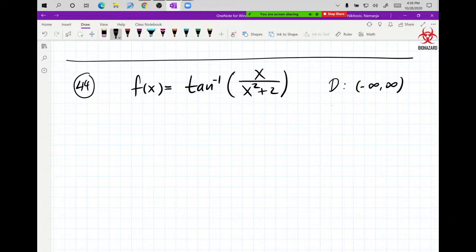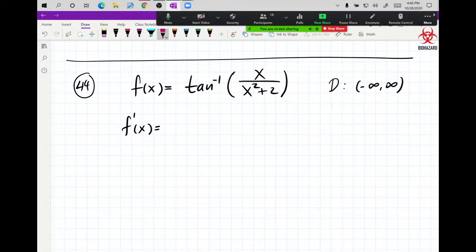Now that's important because of the partitioning. We have to know the domain. Now we have to take the derivative of this mess. I am going to write on the side the inverse tangent derivative as the most important, maybe even the only important derivative of all inverse trig functions.